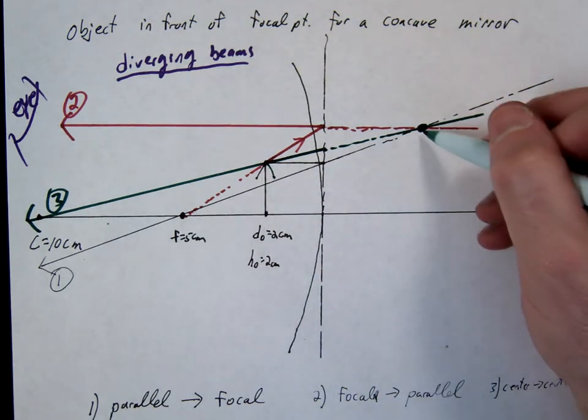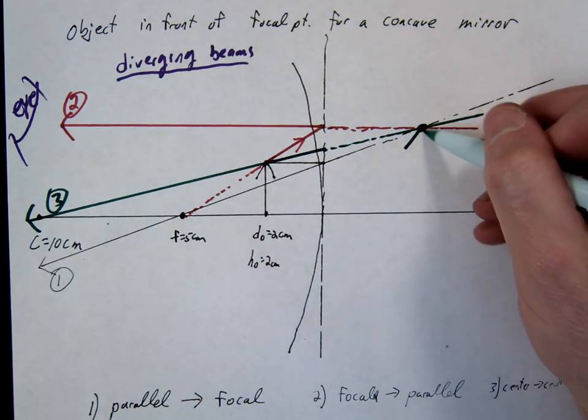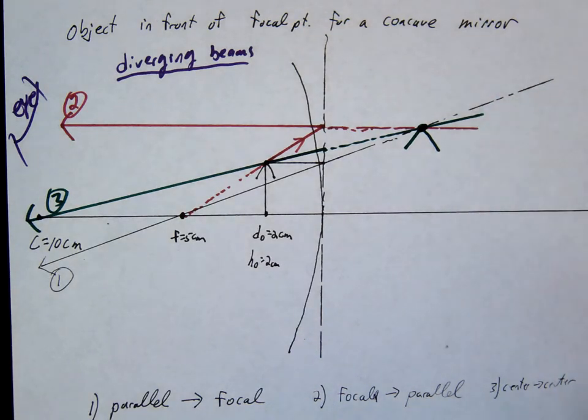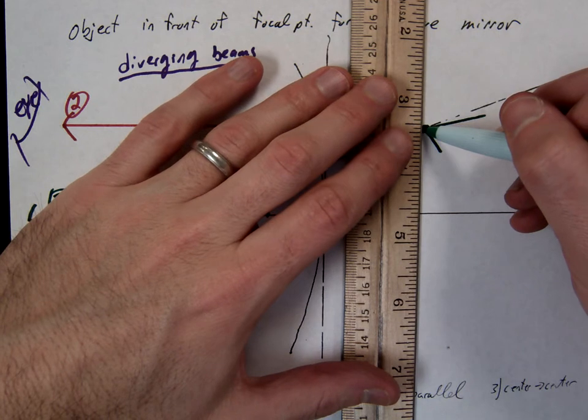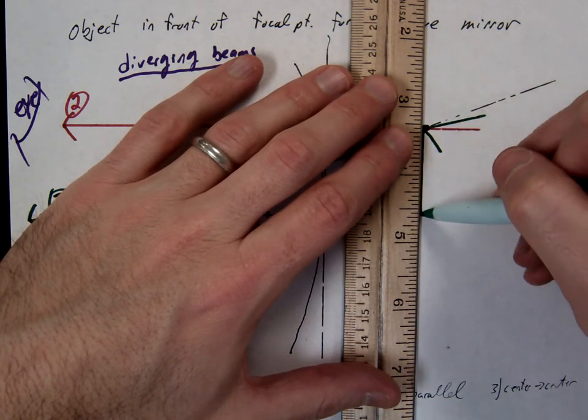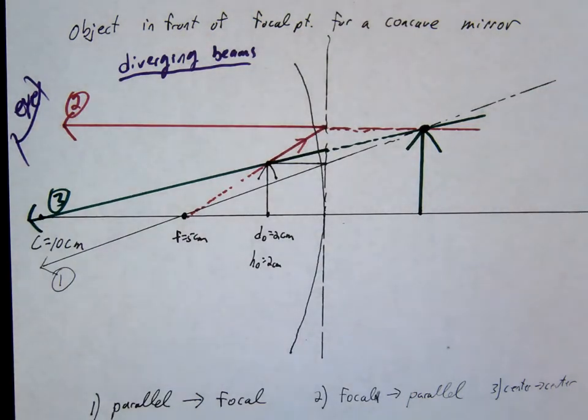So if we continue, let's draw the rest of our arrow. Looks like that. So that's our image. So what do you notice about this image? It's larger.